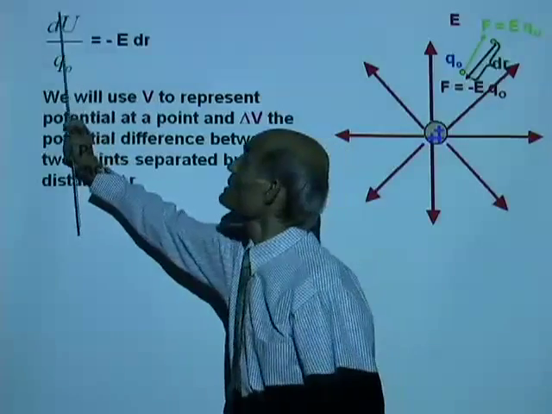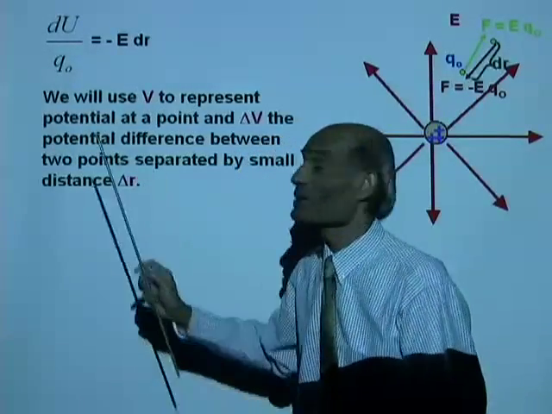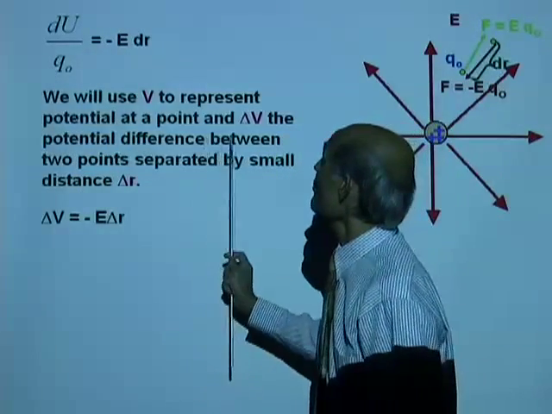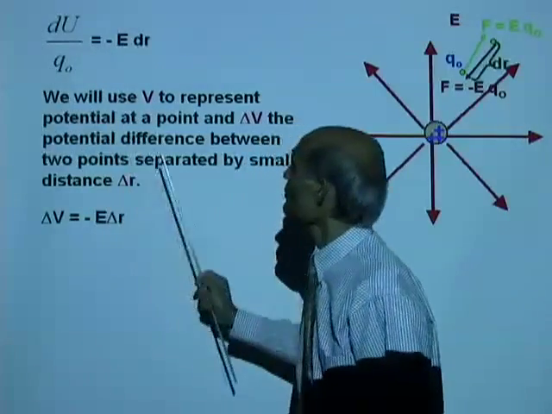Then dU by q0 will be your V, because that will be a measure of the potential. So therefore we have delta V, the potential difference.